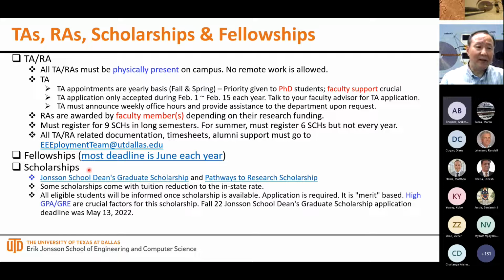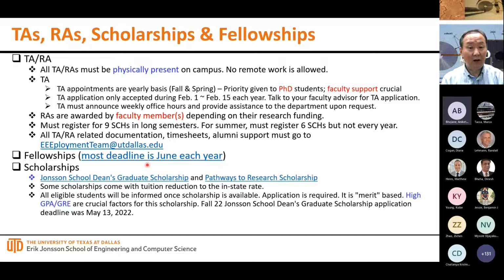The engineering school has a lot of fellowships actually, and most of the deadlines for fellowship applications are in June each year. You can look at this link and see those fellowships. Again, this is very competitive, but there are lots of fellowships. There are named fellowships, and for some named fellowships they select like 20 awardees, not one.